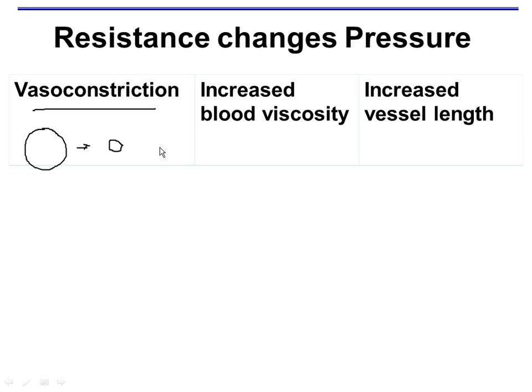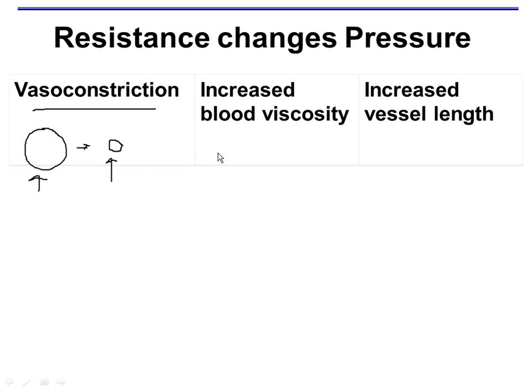So imagine not squeezing on blood in this case, and then all of a sudden squeezing really hard on the blood after we contract the muscle. Vasoconstricting increases resistance because that's that example of having one person go through a door versus 500 people go through a door.